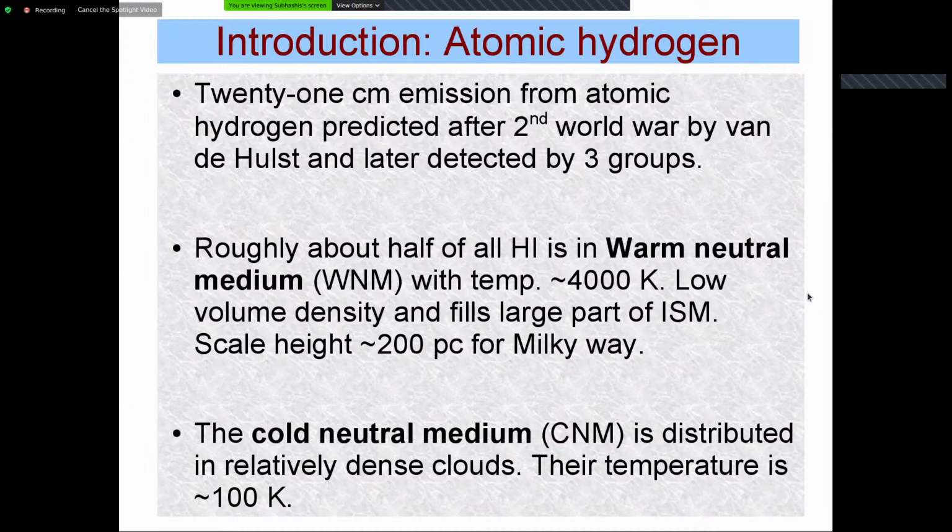So the other thing is, when we talk of the warm neutral medium, you also have to know something, because typically the interstellar medium can be divided into ionized interstellar medium and neutral interstellar medium. The neutral interstellar medium is what we are talking of, part of which is the warm neutral medium, also the cold neutral medium.